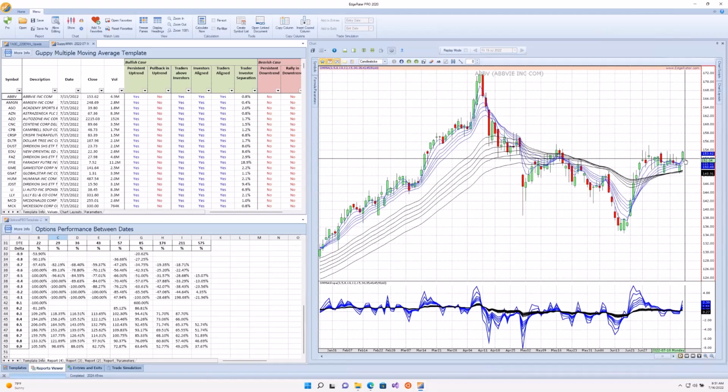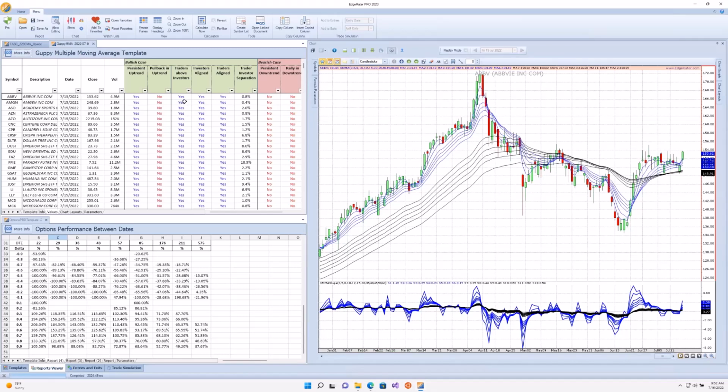Okay, so now you have a very clear bar that's occurred above the shortest period of the trader group of moving averages. So that's an interesting signal in a stock that has had this sell-off. There's potential here for a turnaround in ABBV. It's in an uptrend. Traders are above investors. Investors are aligned, traders are aligned, and there's a separation of 0.8%. So that's how you'd read that.